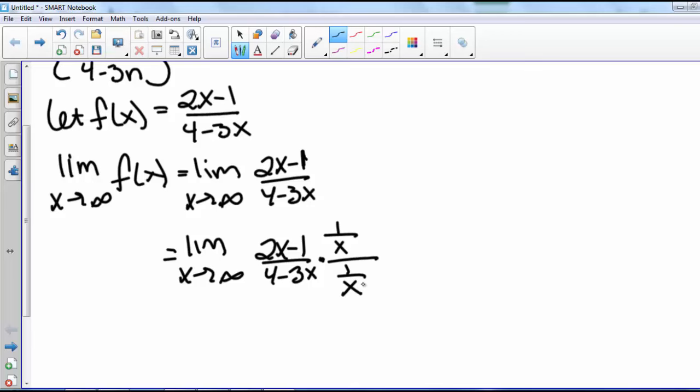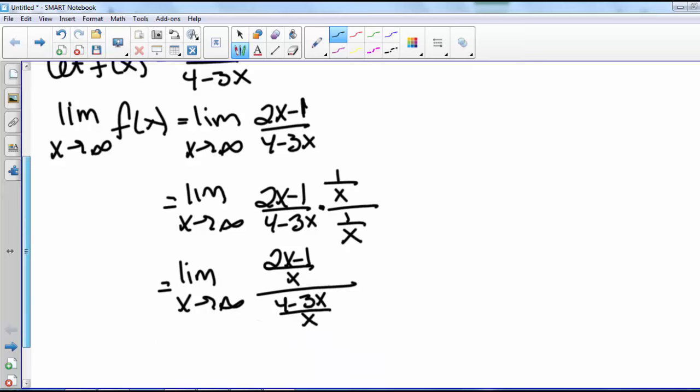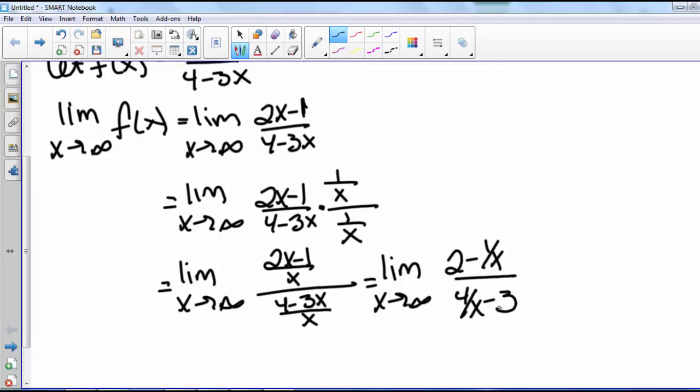So now we get the limit as x goes to infinity of 2x minus 1 over x divided by 4 minus 3x divided by x, which equals the limit as x goes to infinity of 2 minus 1 over x divided by 4 divided by x minus 3, which gives us 2 minus 0, because 1 over x goes to 0, over 4 over x also goes to 0, so 0 minus 3, which gives us negative 2/3.